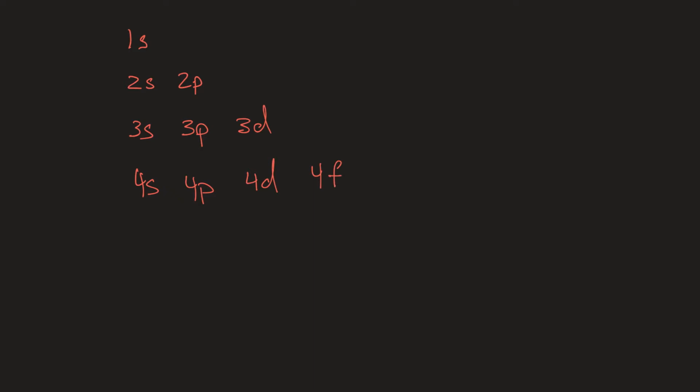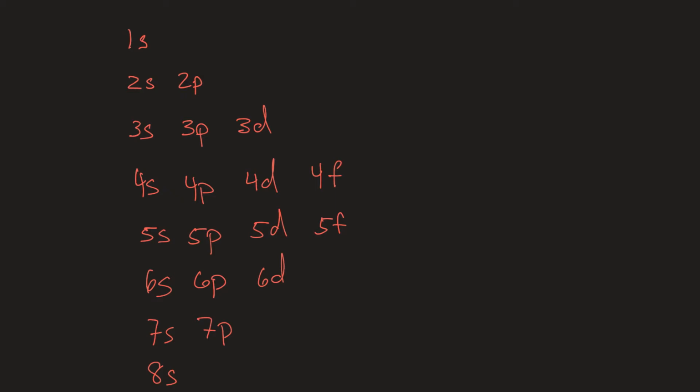Now I'm just going to make a mirror image of this. 5s, 5p, 5d, 5f, 6s, 6p, 6d, 7s, 7p, and 8s. I could go on, but technically there are more than 3 sublevels in the 6th energy level, same for the 7th and the 8th, but we'll just leave it here. I'm going to change my pen color.